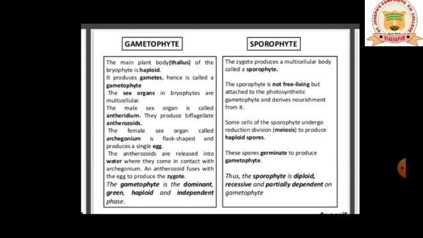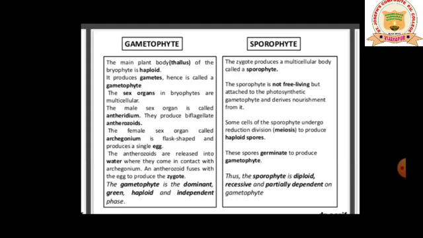Some cells of the sporophyte undergo reduction division, I call it meiosis, to produce haploid spores. The antherozoids are released into the water where they come in contact with the archegonium, and an antherozoid fuses with the egg to produce the zygote. The haploid spores germinate to produce the gametophyte.